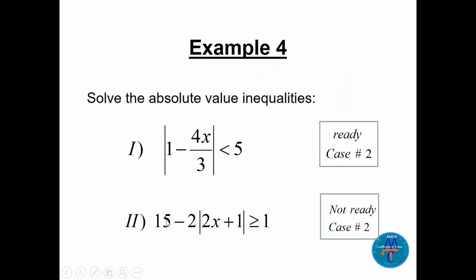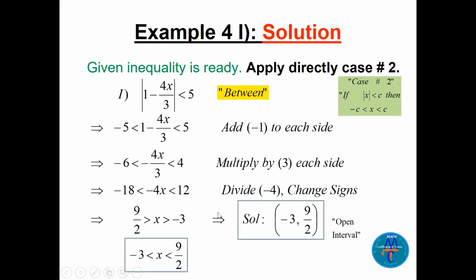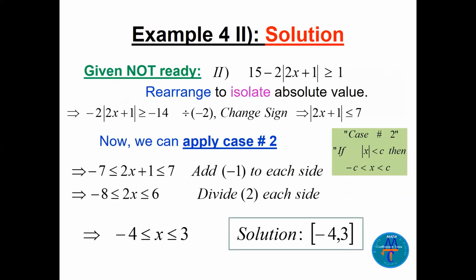Second one, you have to rearrange it. What do you mean by rearranging? Make it absolute value either less than or greater than, it depends on the question. The only thing you have to do is rearrange. Let's rearrange it. It's not ready. So I take 15 to the other side, it becomes minus 14. Divide by minus 2, the outside number here, change the sign.